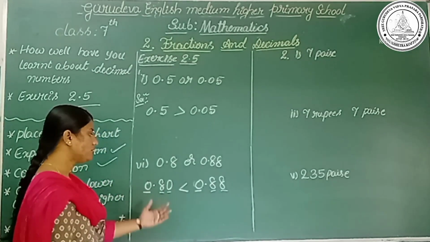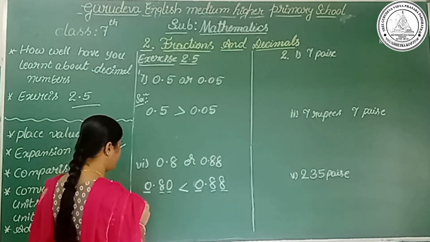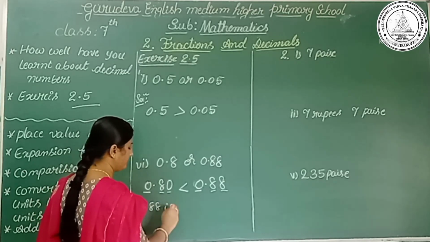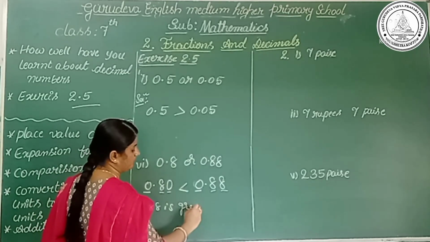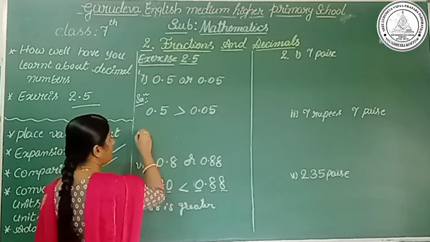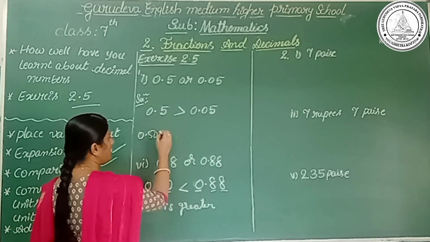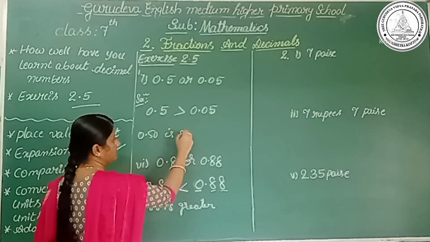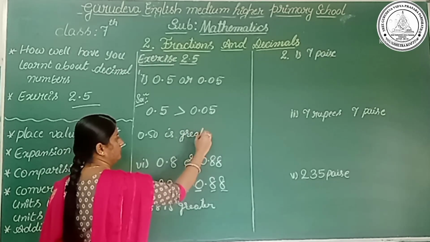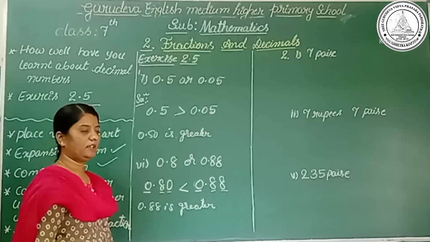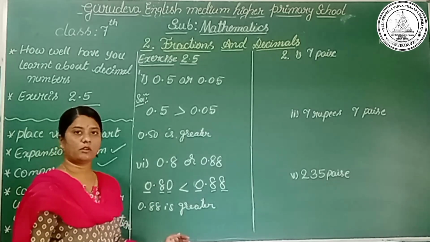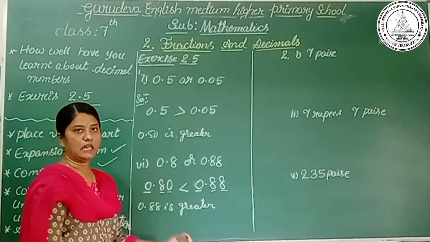Okay, you may also write 0.88 is greater. And 0.50 or 0.5 is greater. Yes, the rest of the problems we have to compare and write which is greater.